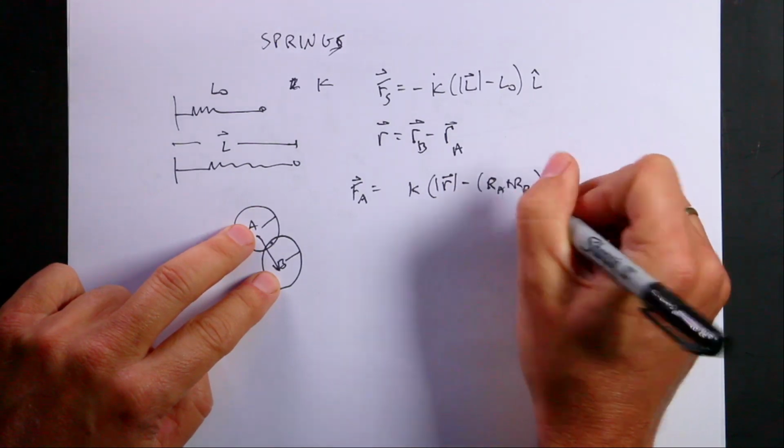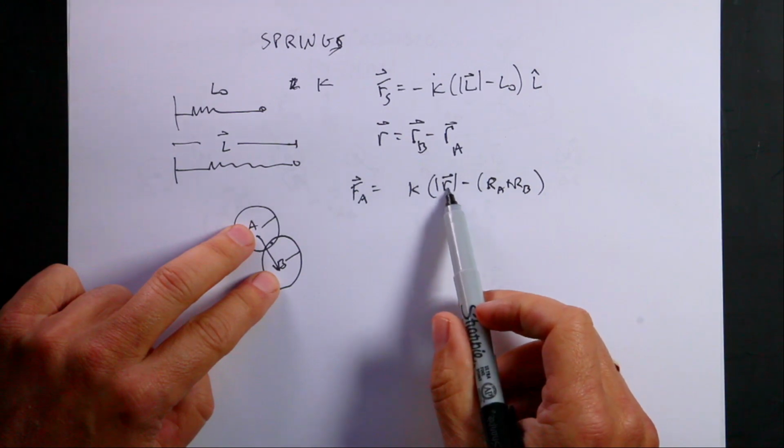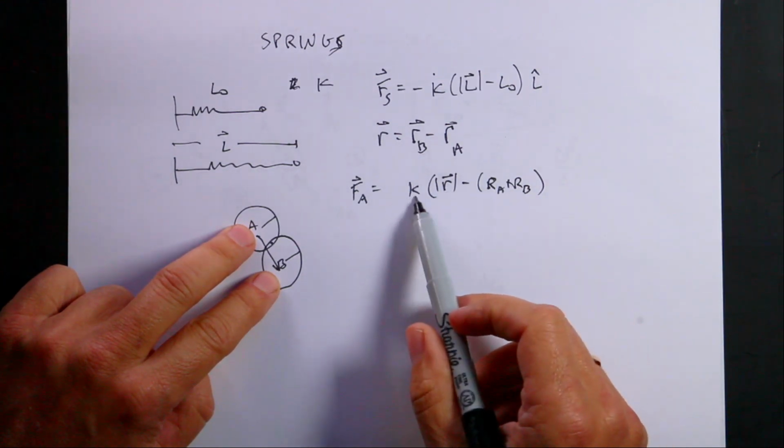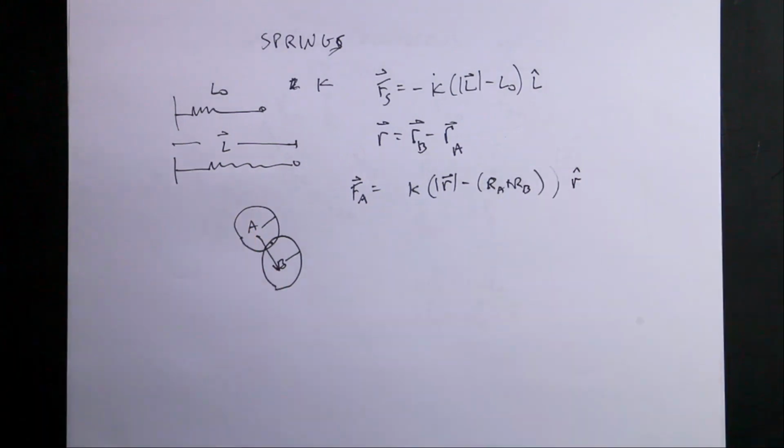That's the radius of the two. And so if this is smaller than that, then there will be a force pushing them apart. And then I just need to multiply that by R hat. Okay, now, and then if they're not overlapped, so I need to put a statement in there.